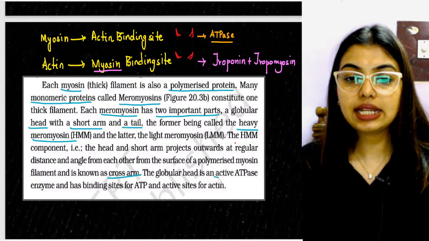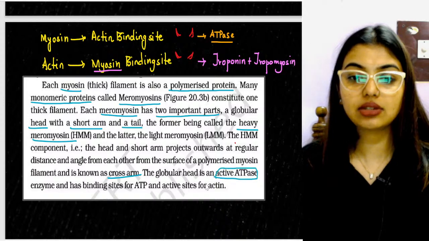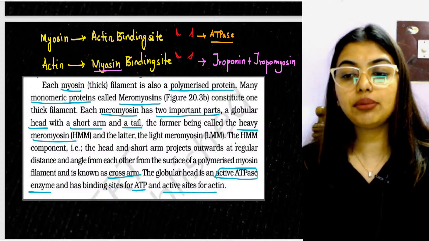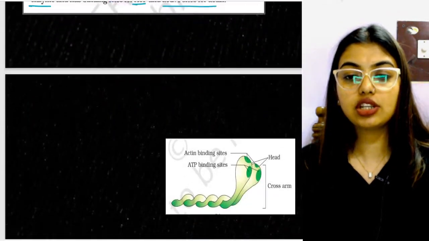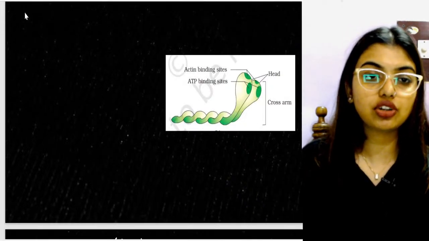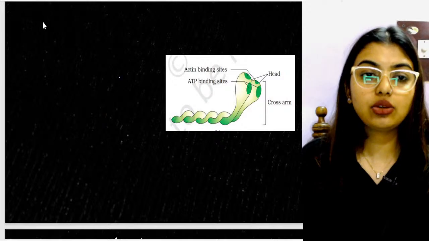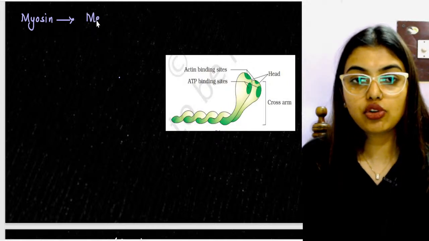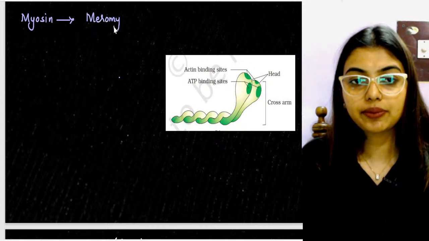The globular head is an active ATPase enzyme, and has a binding site for ATP and an active site for actin. So the villain on meromyosin, or on your myosin, is going to be the ATPase binding site. Now students, look here, this is the structure of it. They told that your myosin, the thick protein, is made up of monomers of meromyosin.